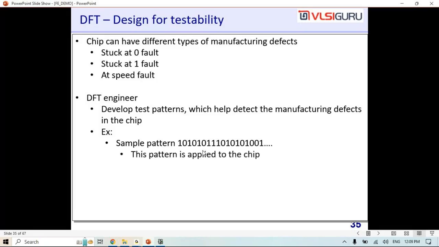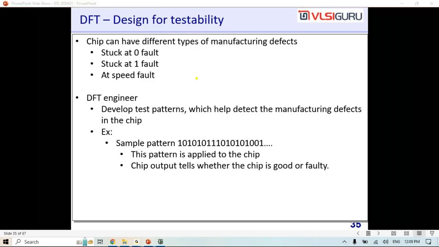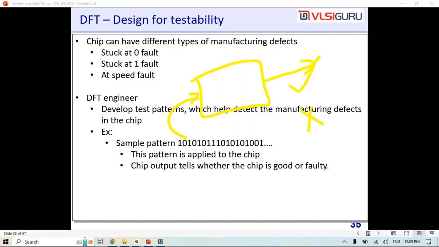This pattern is applied to the chip. The chip output tells whether the chip is good or faulty. Whatever output I get, I will check that and say it's good or faulty.